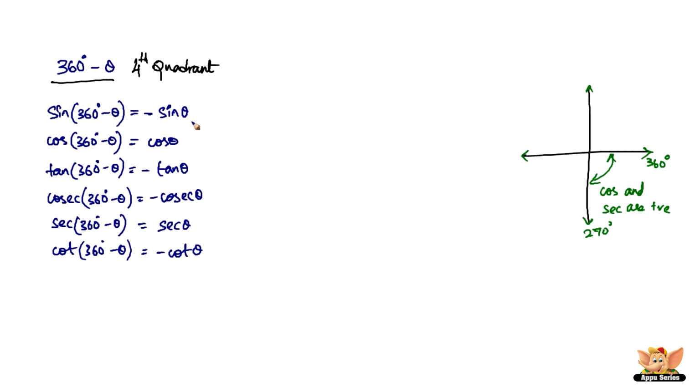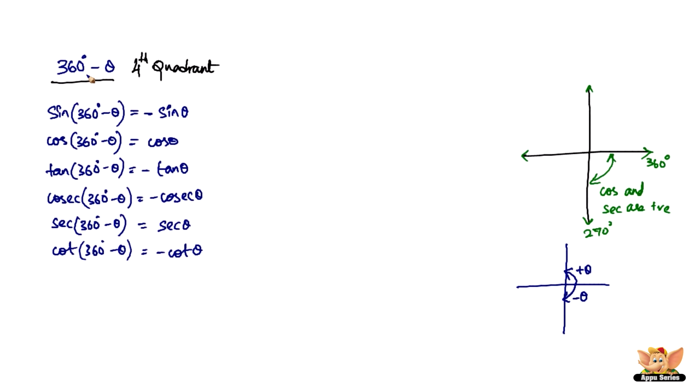And another quick clue that I'd like to give in the case of 360 degrees minus theta is that if you notice carefully, the minus theta that we first did falls under the fourth quadrant, right? Because I told you this is a positive theta and downside it is negative theta.